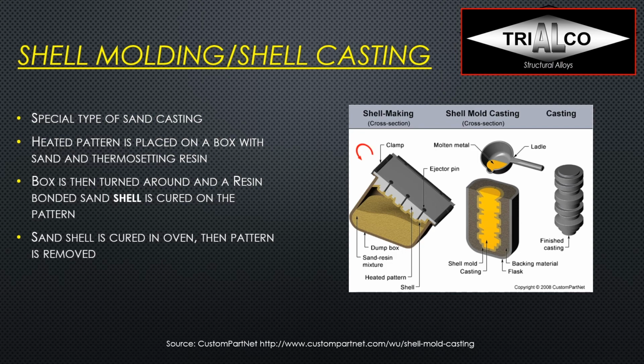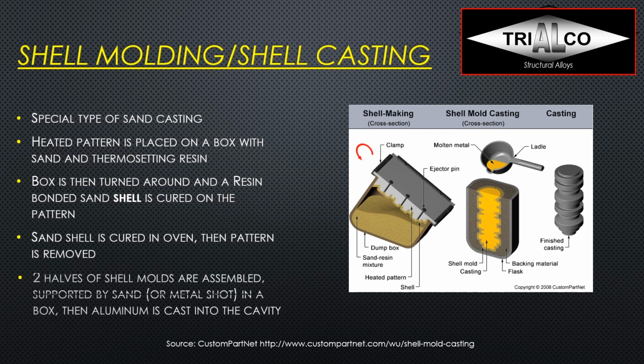So we have two halves of shell molds that are assembled, supported by sand around it, or can even be also metal shot. In any case, the cavity is surrounded by a shell, and the advantage of not having a completely cured sand mold is you don't have to reclaim this. You can use the sand endlessly. It's just the shell itself that we need to get rid of after.